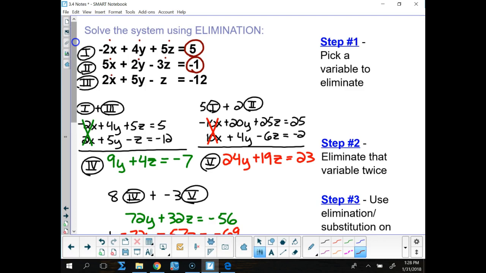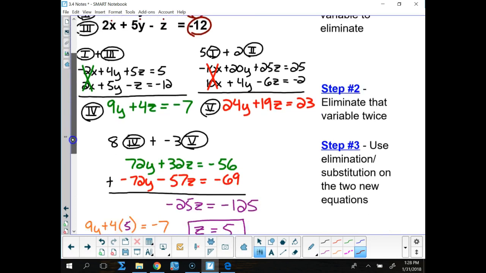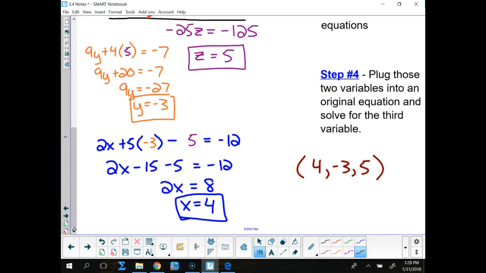2 times 4 is 8. 5 times -3 is -15. 8 minus 15 is -7. Minus 5 is -12. So it checks out there in all 3.